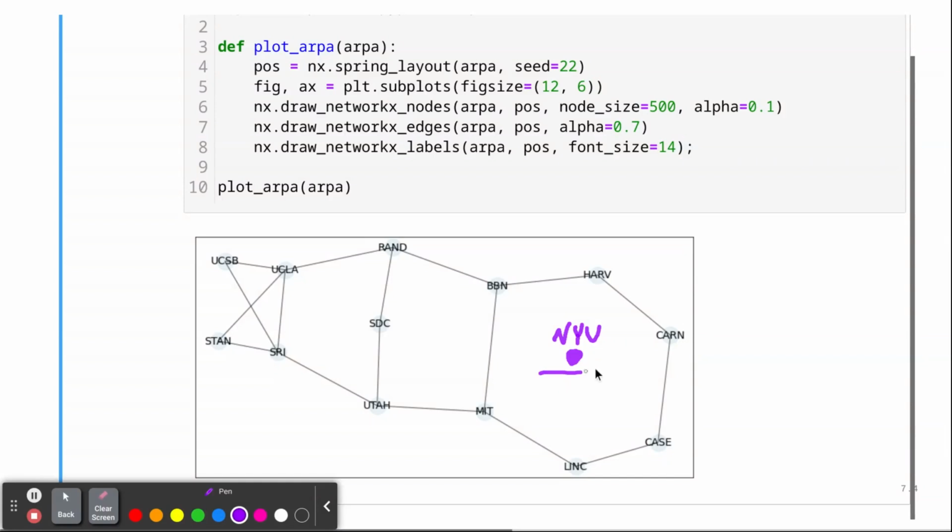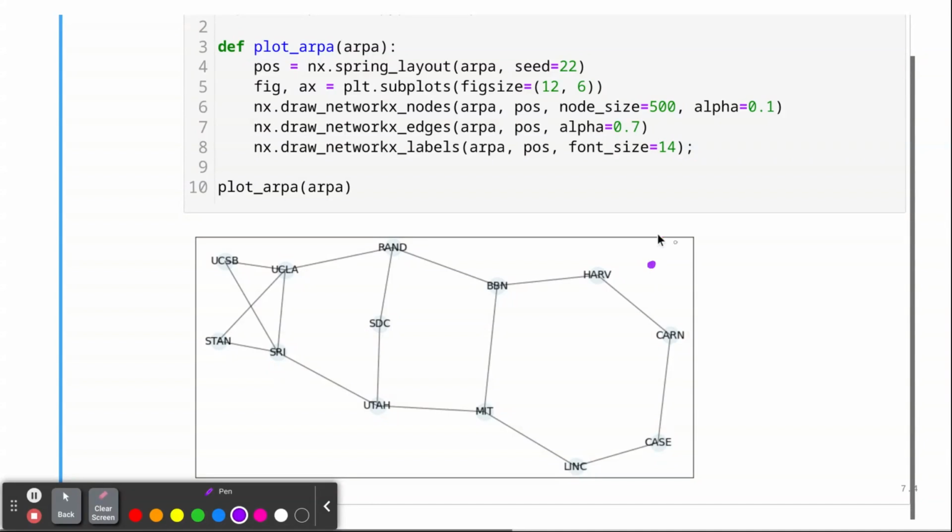If we were to add this node to the graph, but not any edges to an existing node, this would now become unconnected because we have a node here, NYU, that's not reachable by any of these other nodes in the graph. So this network is connected.